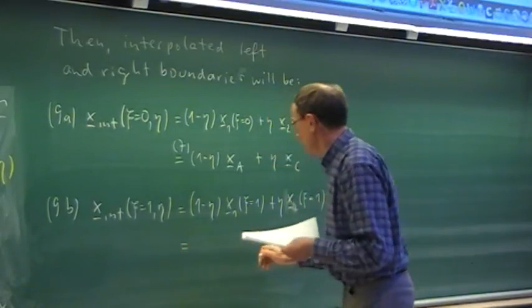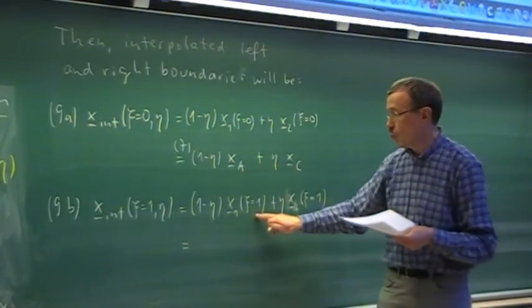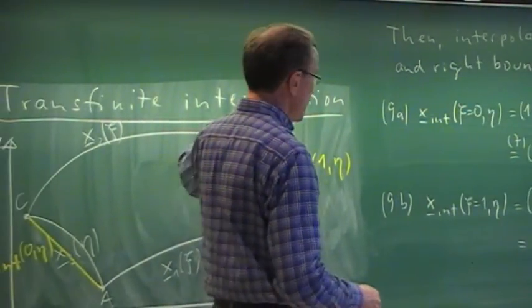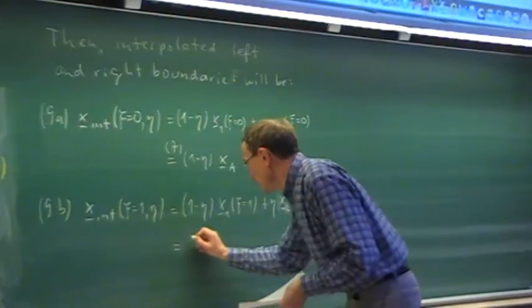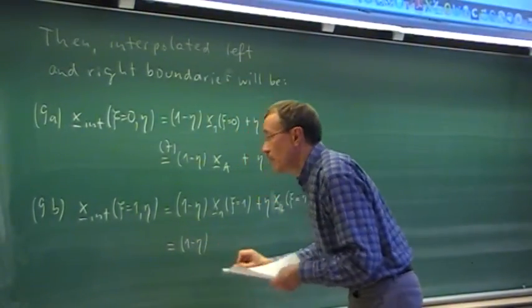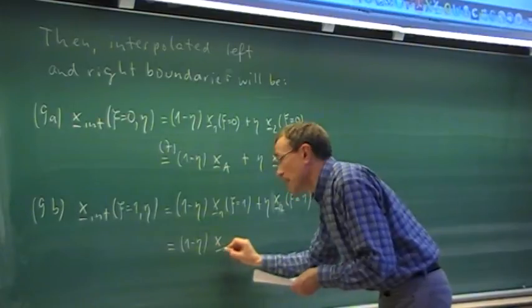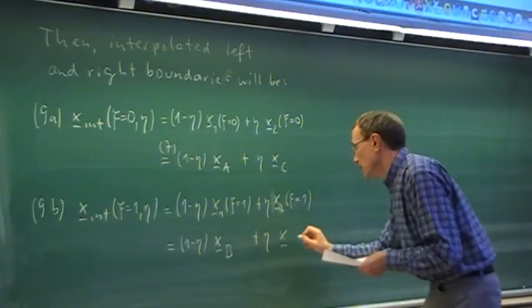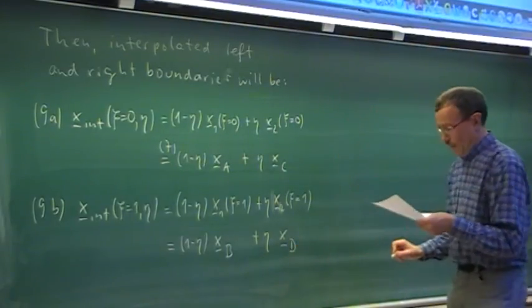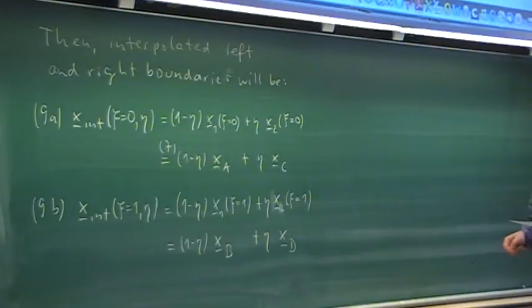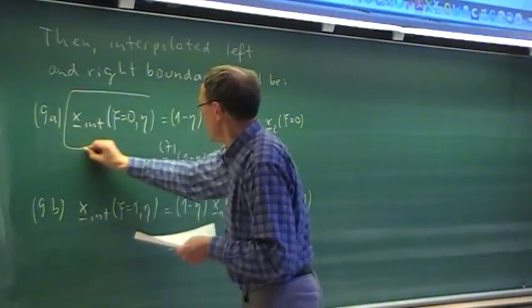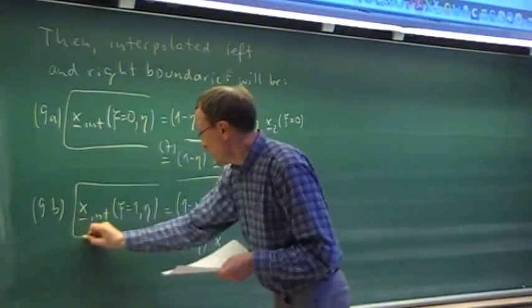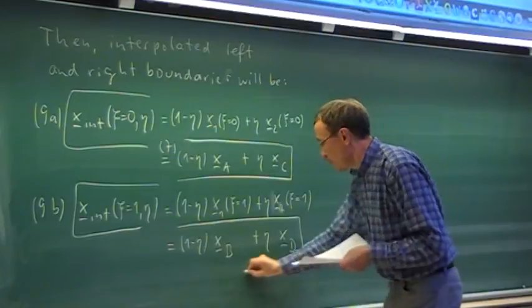And then we see the x1 of psi equal to 1 is b, and the x2 of psi equal to 1 is d. So then we get a linear interpolation between our coordinates at xb and xd. So that is the result we get here. That is the result for the left boundary, and that is the result for the right boundary.